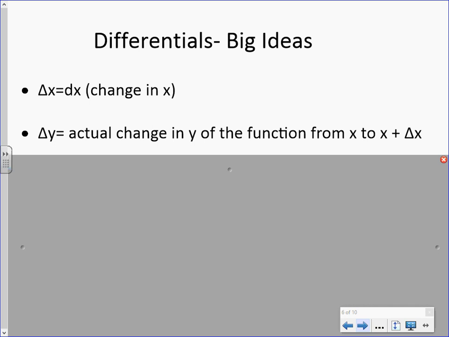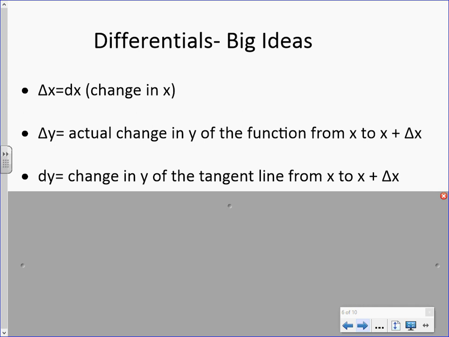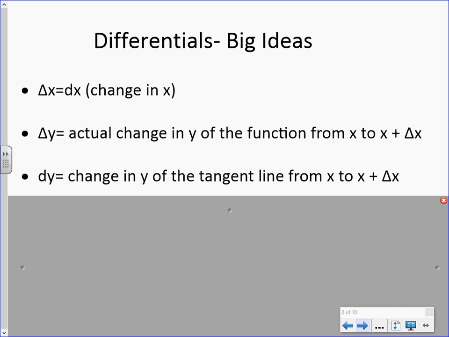It's the actual change in y of the function, as opposed to dy, which is the change in y of the tangent line.